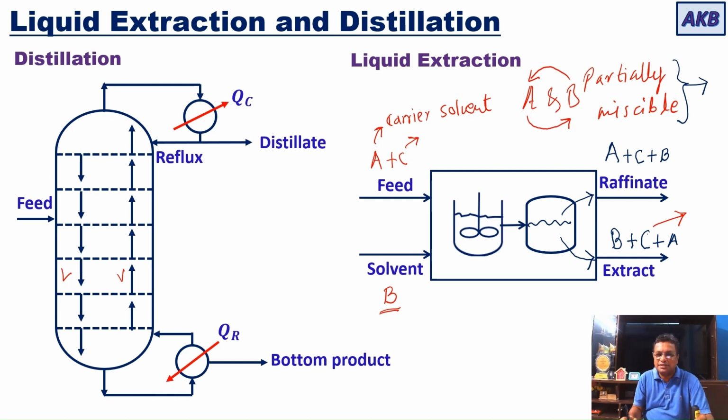That means in the case of liquid extraction, first we will be using liquid extraction, which is also called solvent extraction. So if you are using liquid extraction, then you have to use distillation after that. Then and only then you'll be able to recover C.